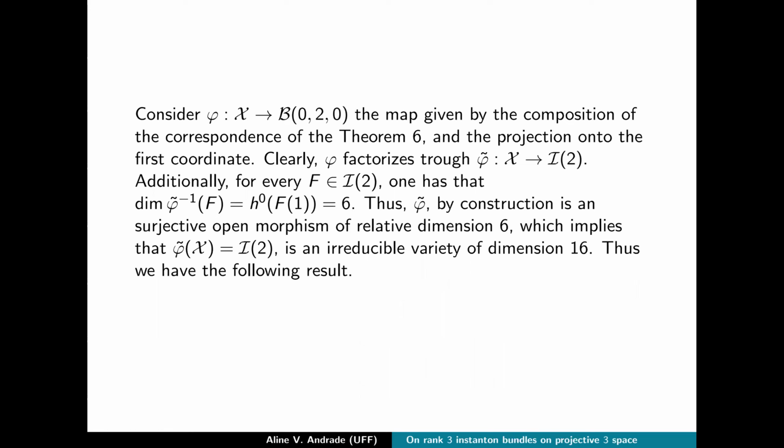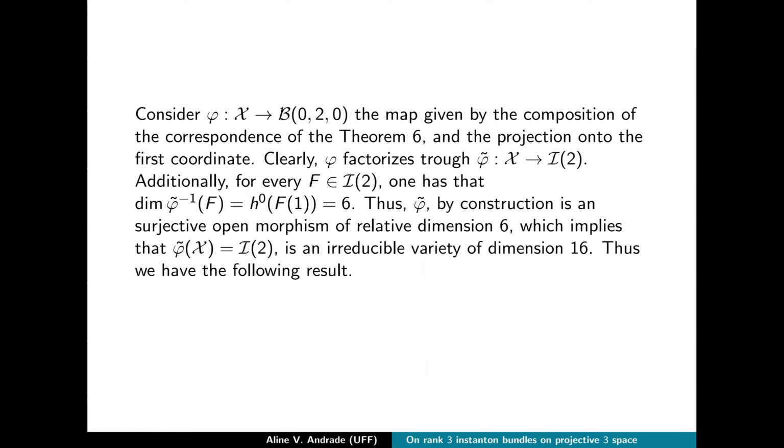Okay, because we have 22 and the relative dimension is 6. So we have the following result. The family of stable rank 3 instanton bundles of charge 2 is irreducible and has dimension 16.